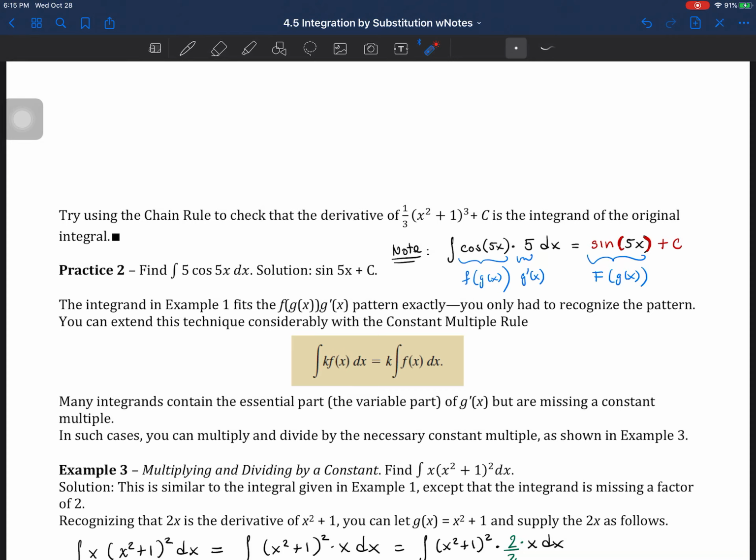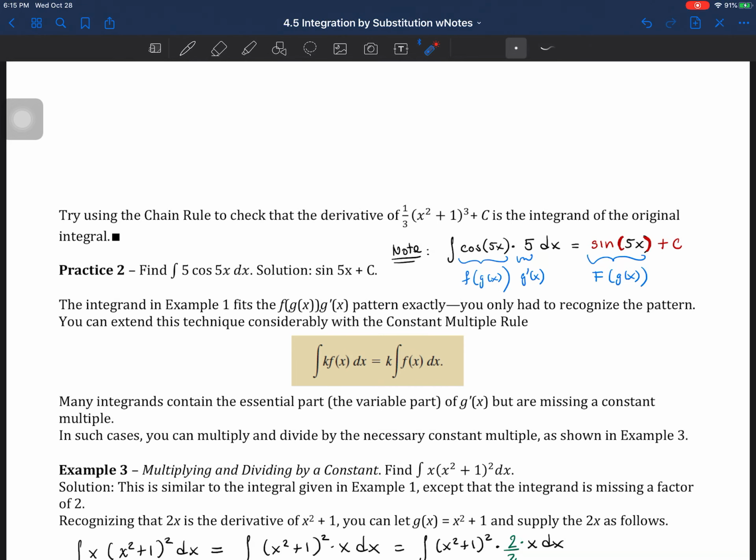Alright, so the integrand in example 1 fits the f of g of x times g prime of x pattern exactly, right? As it's stated. You only had to recognize the pattern to be able to apply it. So you can extend this technique considerably with a constant multiple rule.